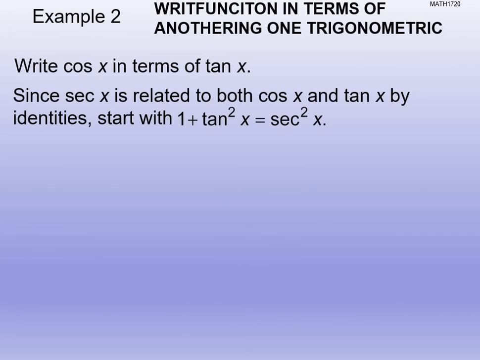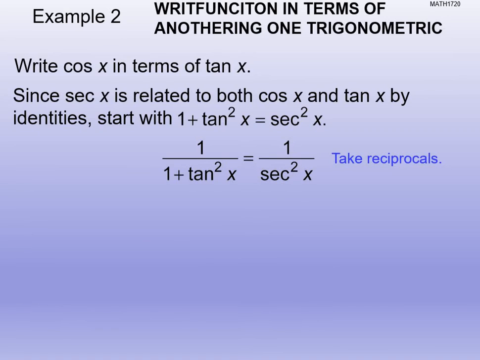So always try to evaluate and find something that's easily relatable. Okay, we know that secant relates to cosine because it's the inverse identity. Okay, so we know that secant and tangent are related by a Pythagorean identity of tangent squared plus 1 is equal to secant squared. So now I can replace secant squared with my cosine function.